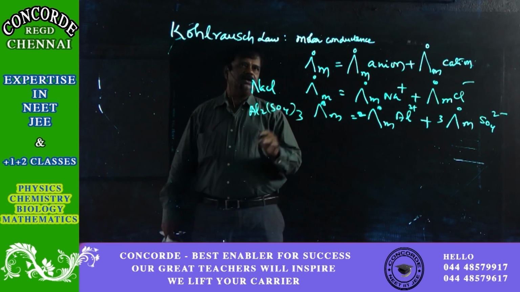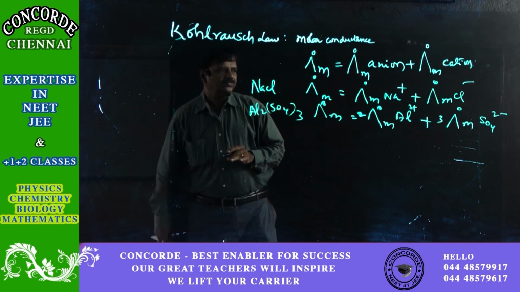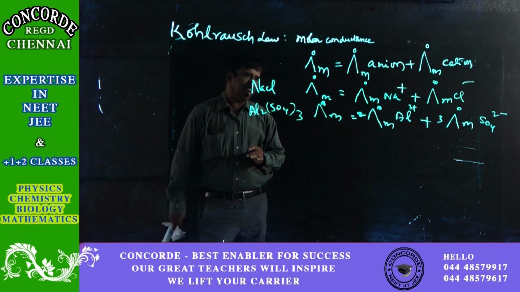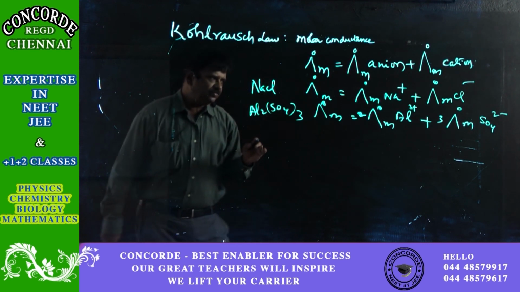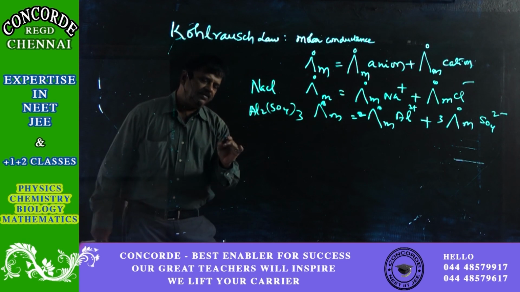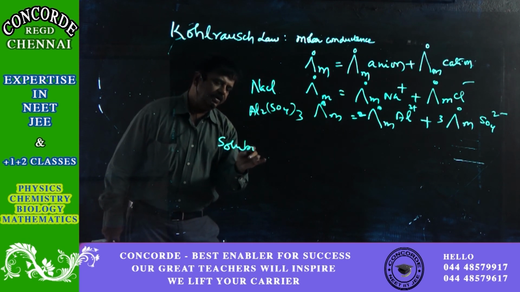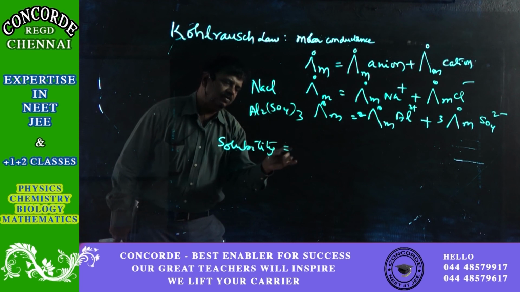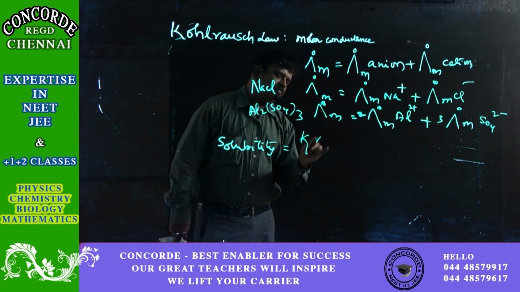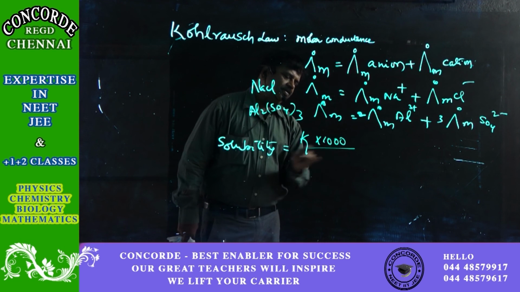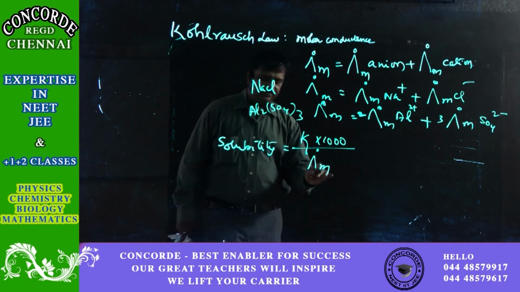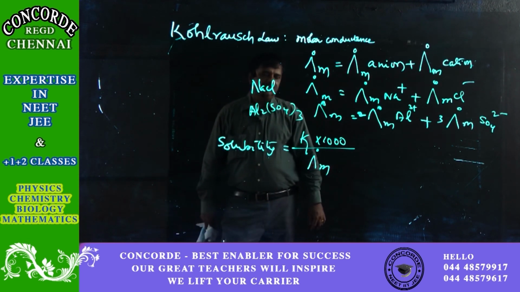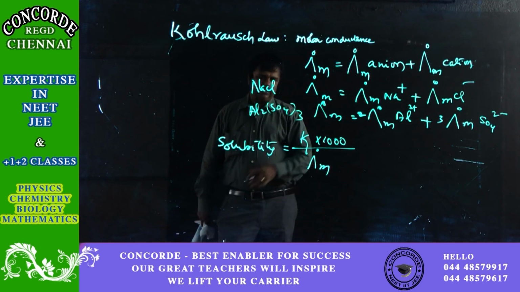Equivalent conductance, molar conductance, Kohlrausch law. Kohlrausch law has a lot of applicability. It can be used for determining the solubility of an electrolyte. The solubility as per Kohlrausch law is kappa, that is conductance, into 1000 divided by lambda m, where lambda m is the molar conductance at infinite dilution.